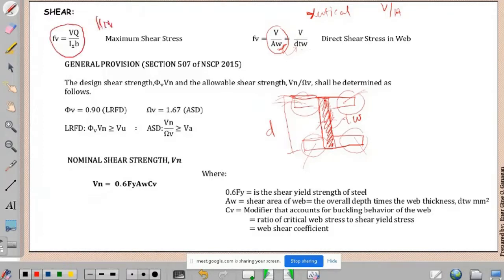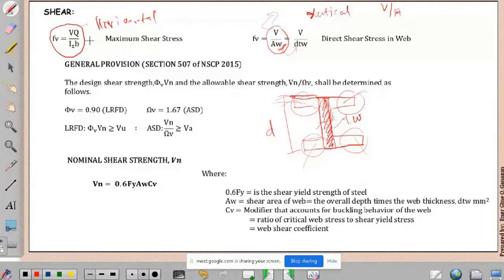So this is for the horizontal. Okay? So ito yung ginagamit natin for horizontal shearing stress na equation. So ito yung direct shear stress sa web natin. Pag I-shape, wide flange, and yung mga steel section natin.